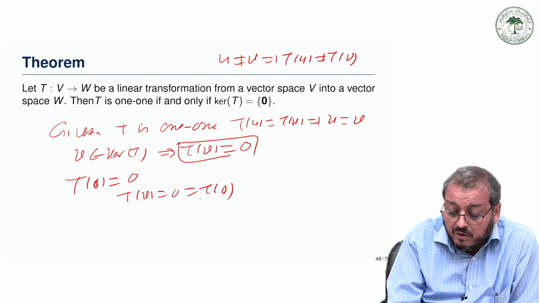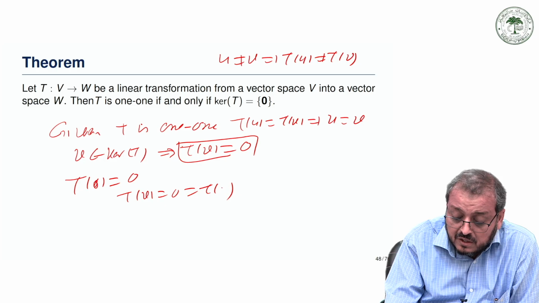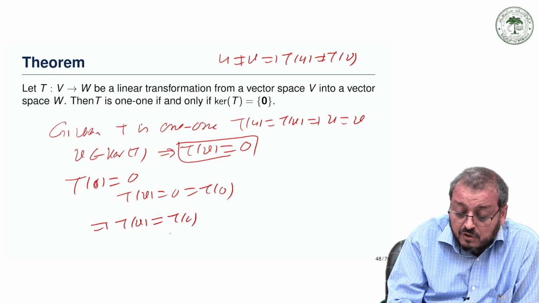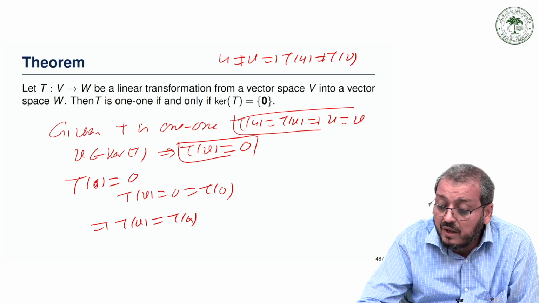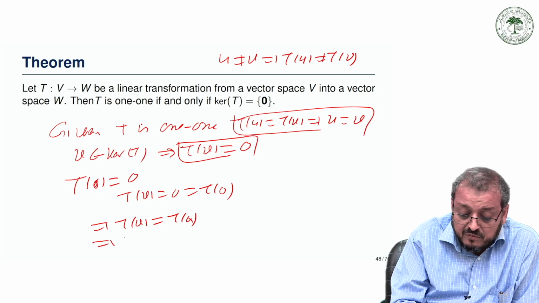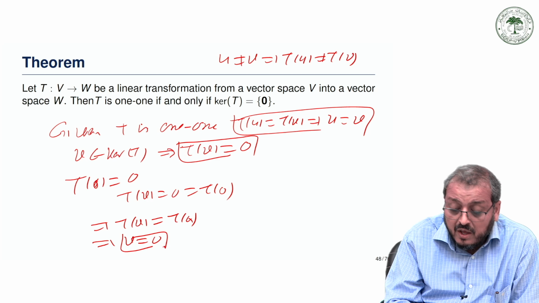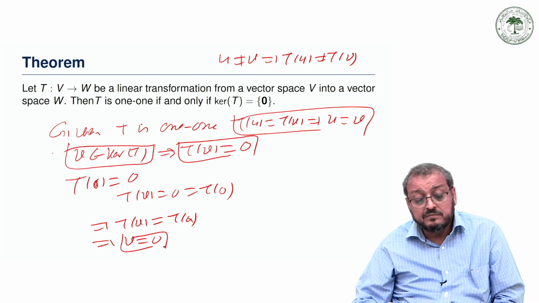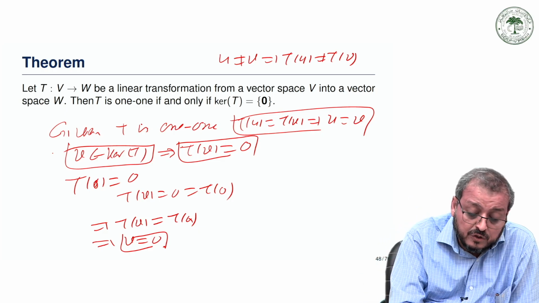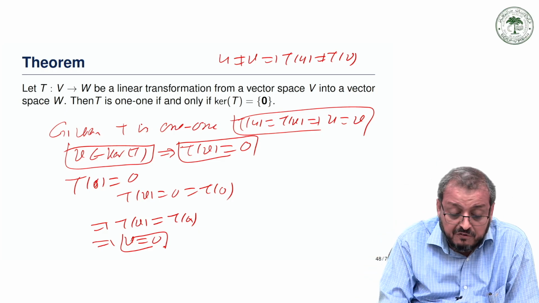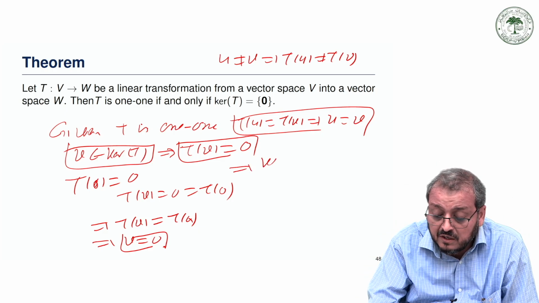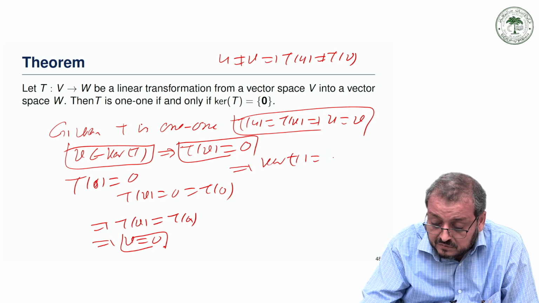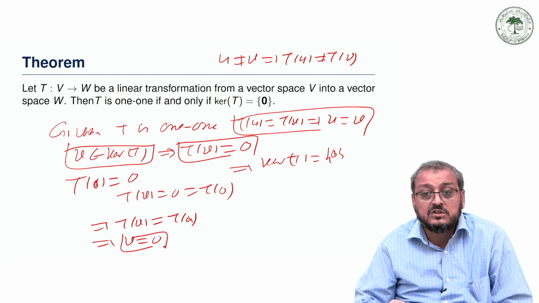This implies that T of V is equal to T of 0, but T is one-to-one, so V is equal to 0. We chose V as an element of this kernel and V is equal to 0, so this means the kernel of T is equal to the 0 subspace.